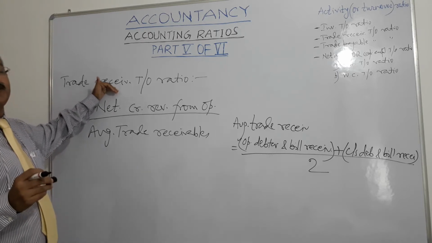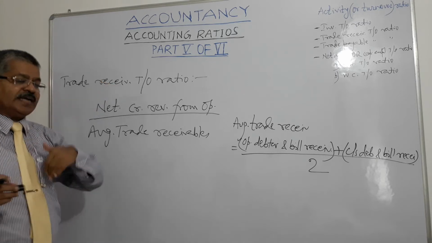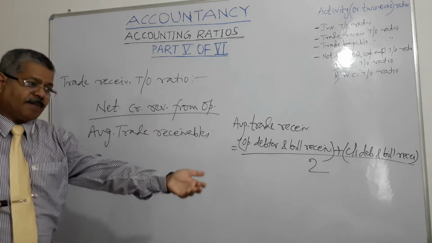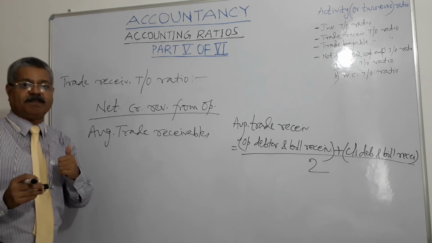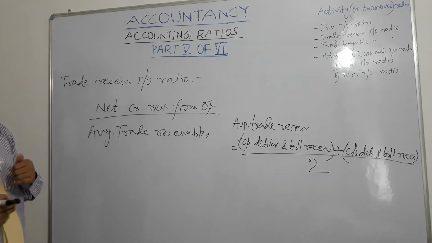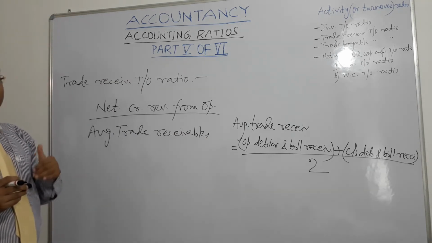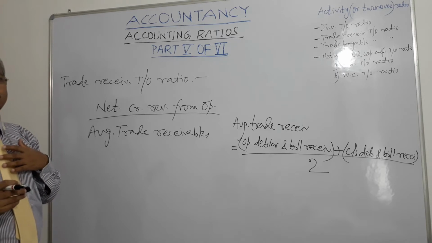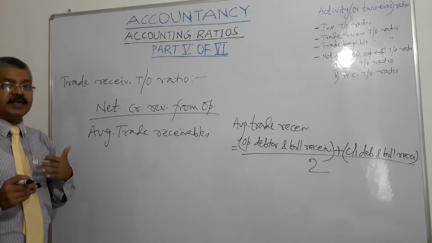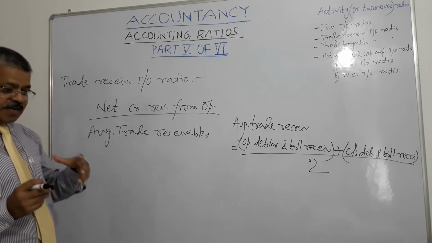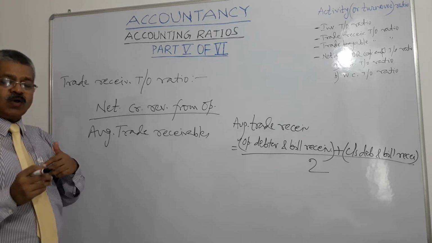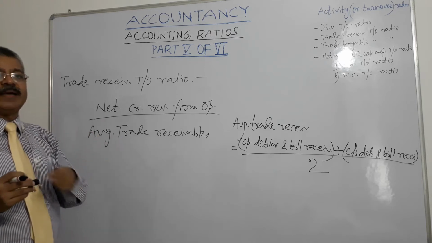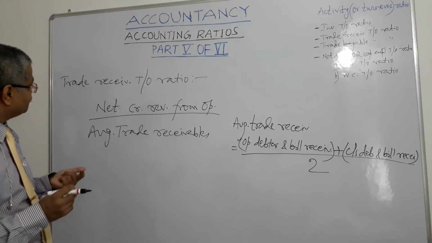Suppose I have a very good business, I sell on credit, but I am not able to receive that money back in time. So what will happen? First of all, my liquidity will get affected. When liquidity gets affected, almost everything will get adversely impacted.